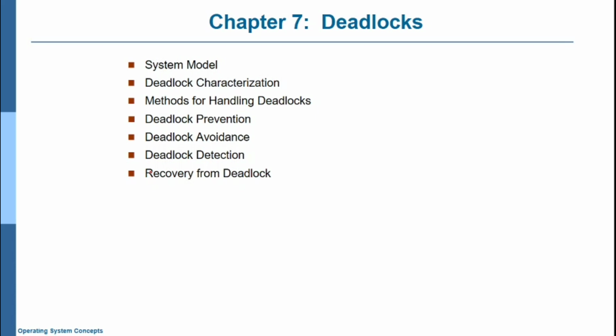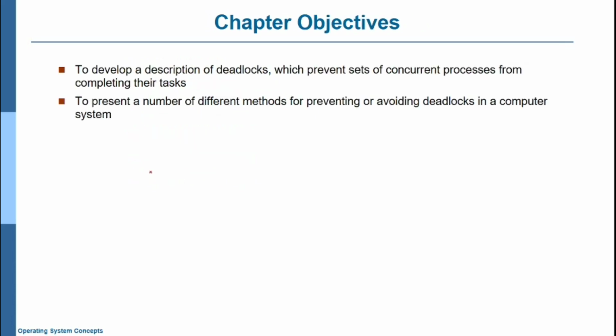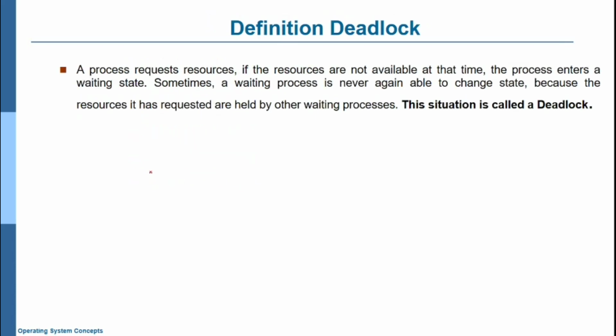Next we'll see the definition of deadlock. A process requests resources. There will be a number of processes. If the resources are not available at that time, the process enters a waiting state.